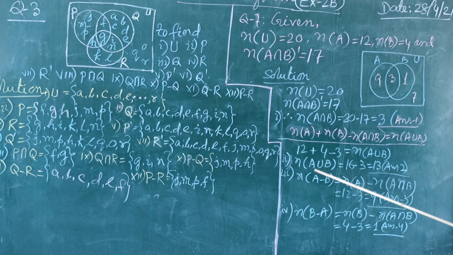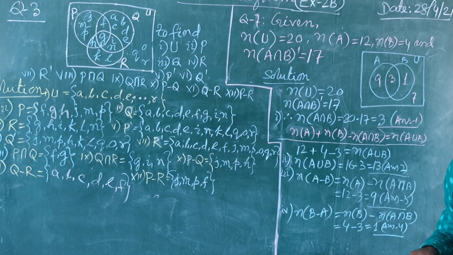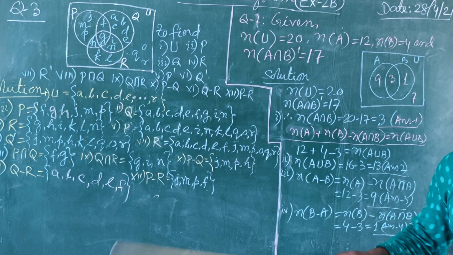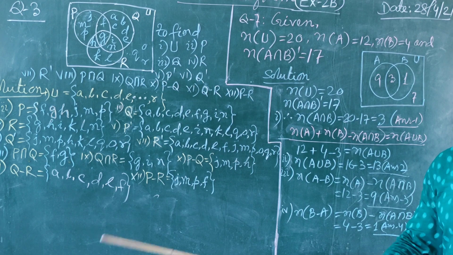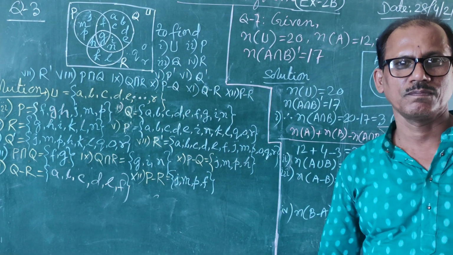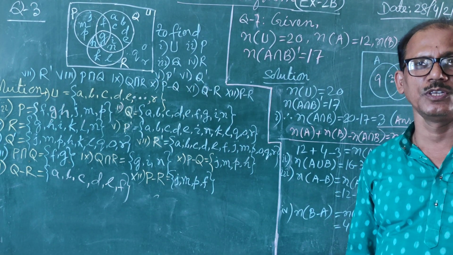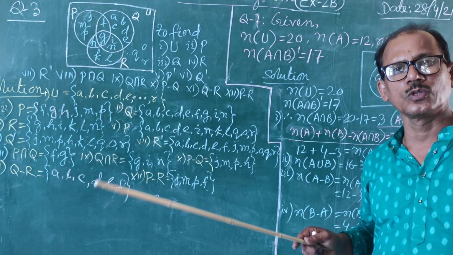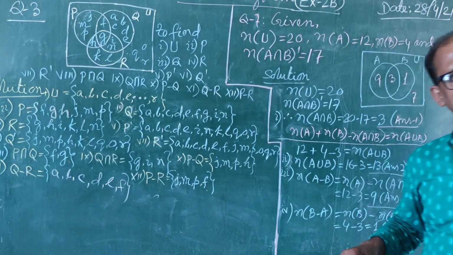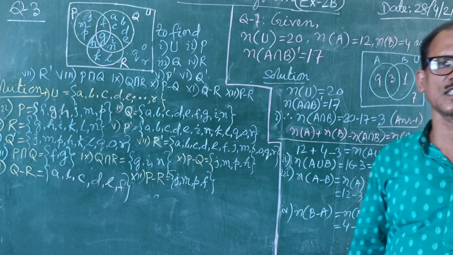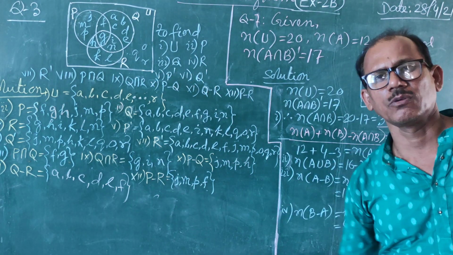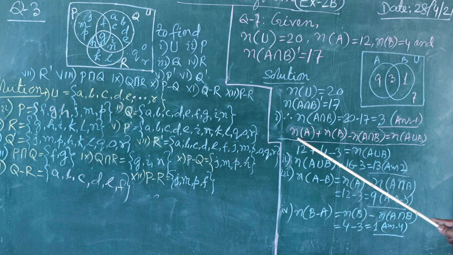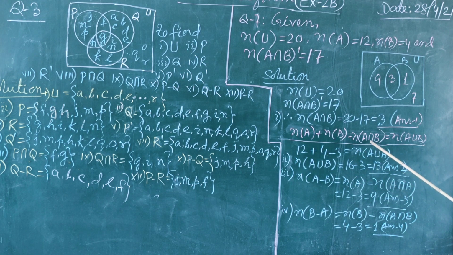See, n(A union B). That is a formula, if you want to find the union set or the intersection set. If you know either of the two, you can find the other. First of all, you need to know the cardinal number of both sets and either the intersection's or the union's cardinal number. The formula is the sum of both sets minus either the intersection or the union, and the other one you will find.